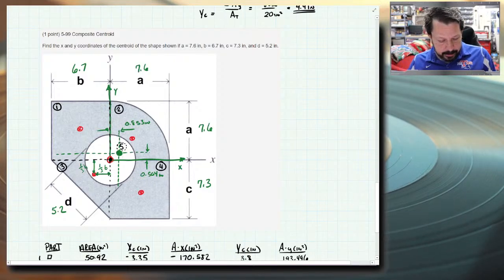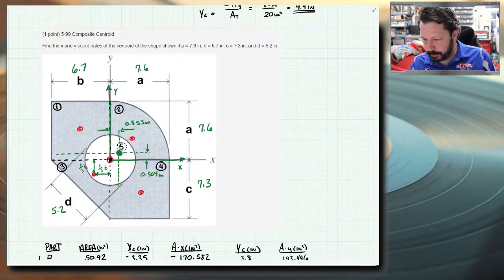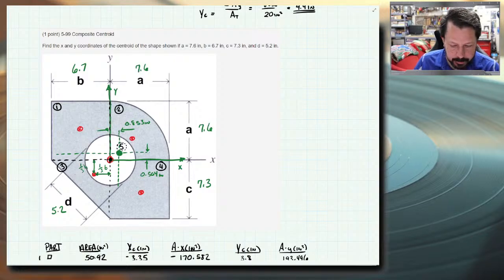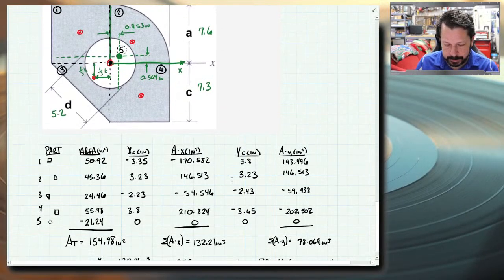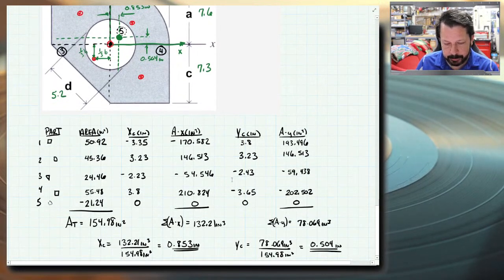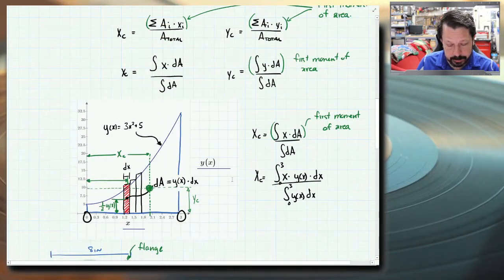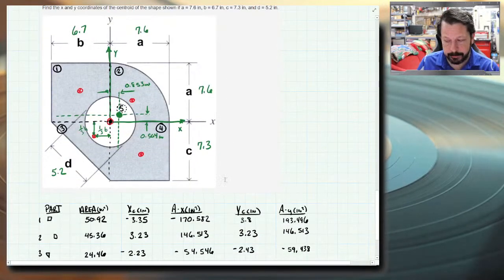We have plenty of time left, so if you have any questions, go ahead and put them out in the chat so I can see them. But I think this probably gets you far enough moving towards how to calculate these centroids, both calculus and composite.